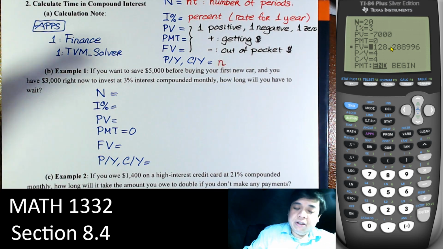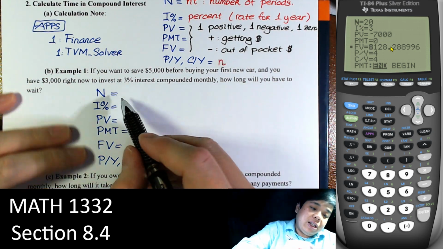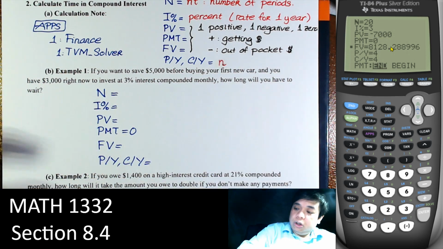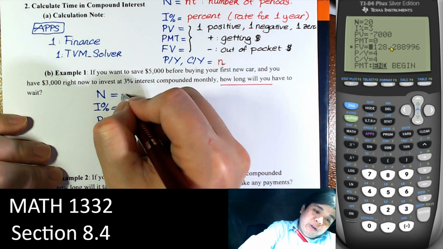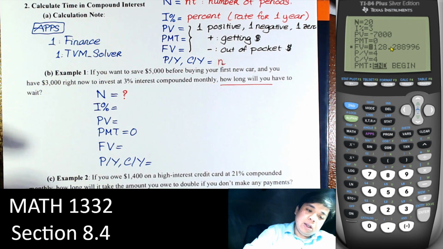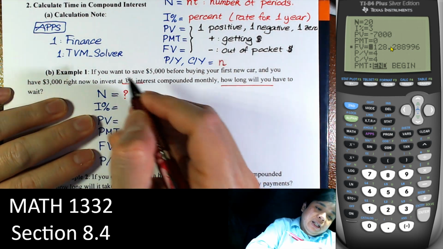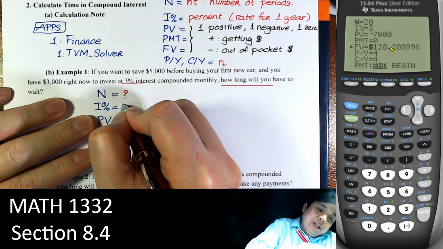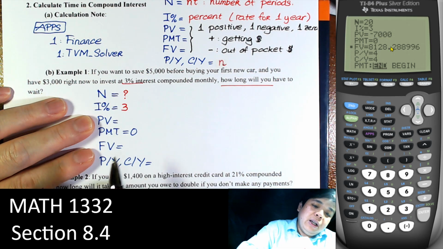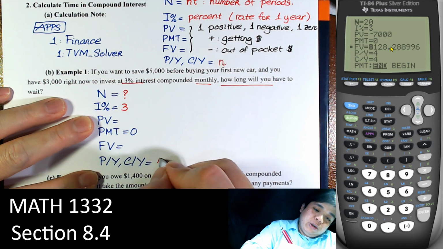Right, now put everything in here. The question asks how long, so certainly we don't know N. Interest rate 3%. Just put 3. Compounded monthly, so that is 12.